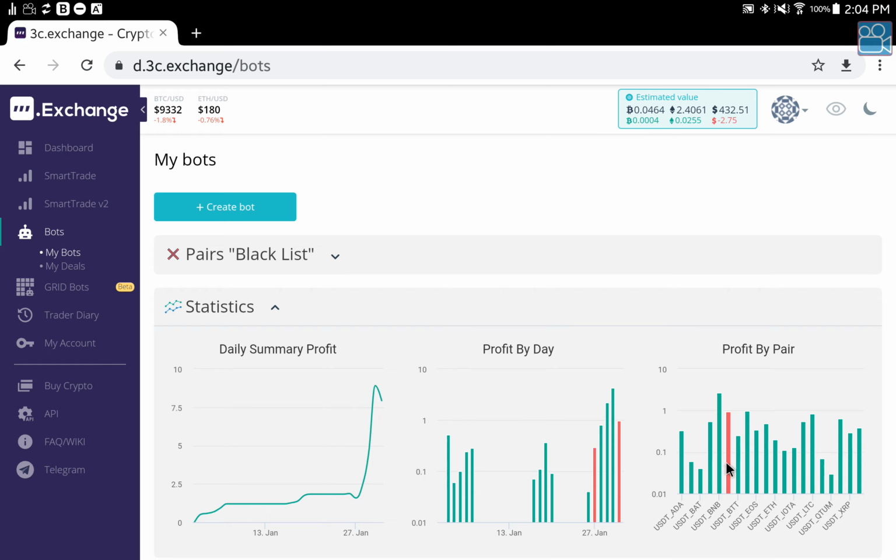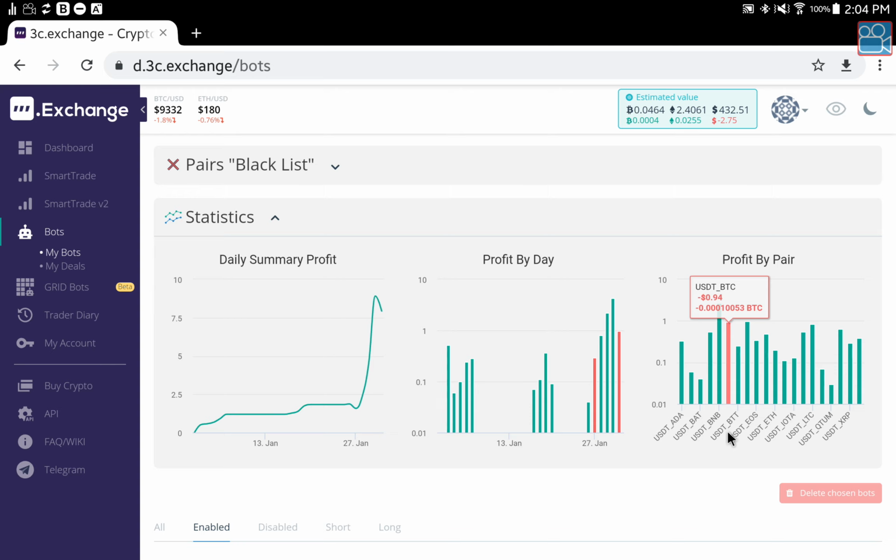But my big winners, this is really my big loser. BTC, 94 cents. All the rest of them are doing well. But now once the one deal I have with BTC in it profits out, it will negate this one.